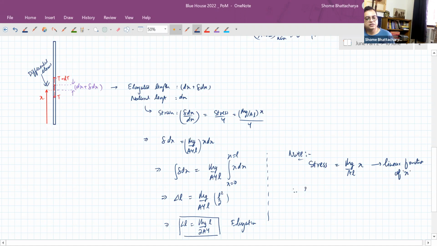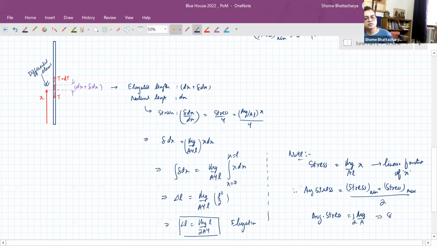So therefore, average stress is minimum stress plus maximum stress divided by 2. That's the arithmetic mean of that. So average stress is equal to mg by A is half.